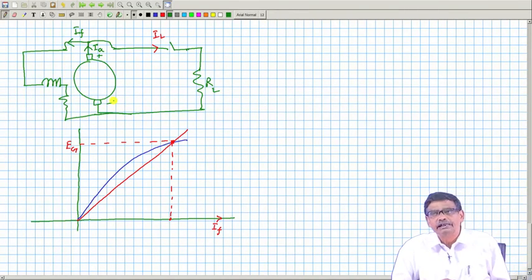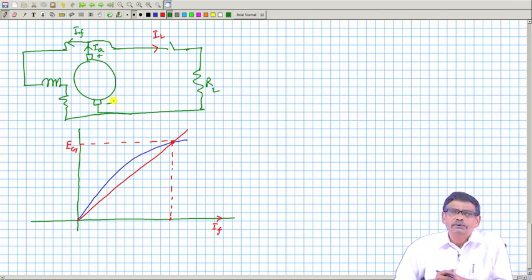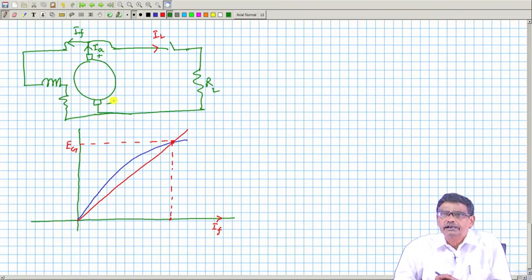Mind you, in case of generator, if you want to reverse the polarity of the induced voltage, E g is equal to k phi n, you can either change field current direction, supply polarity of a separately excited generator.